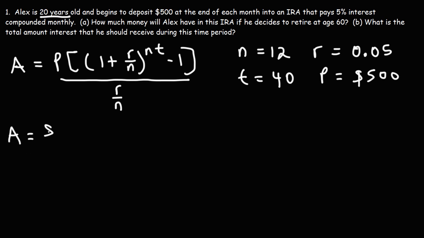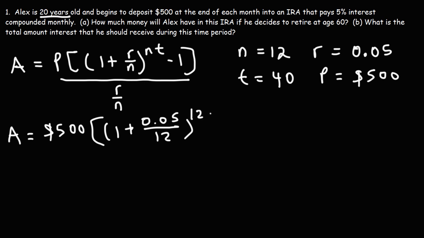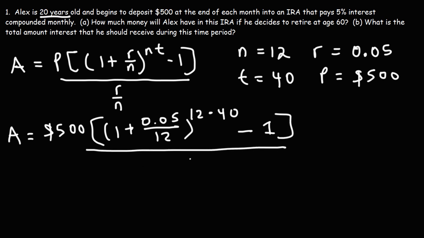So now we can plug in everything. We have 500 times (1 plus R, where R is 0.05, over N, where N is 12), raised to the 12 times 40, which is NT, minus 1, divided by R over N, so that's 0.05 divided by 12.